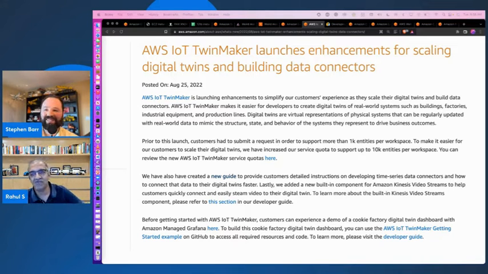And just for the audience, the digital twin is nothing but a virtual representation of your physical infrastructure. So let's say you had a machine that is producing something, or you had an assembly line, or some kind of a workshop that's producing certain goods, or you have a supply chain, doesn't matter.